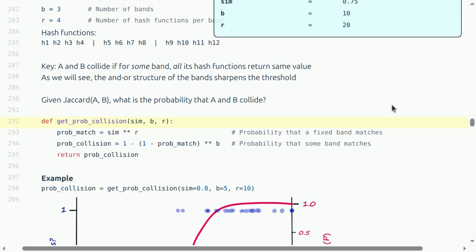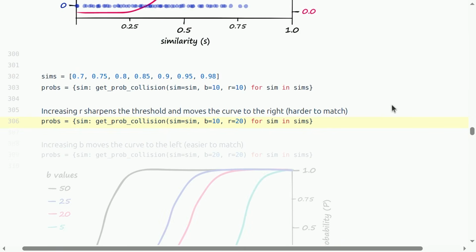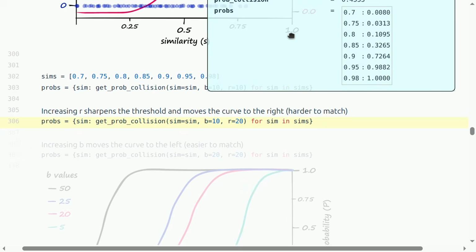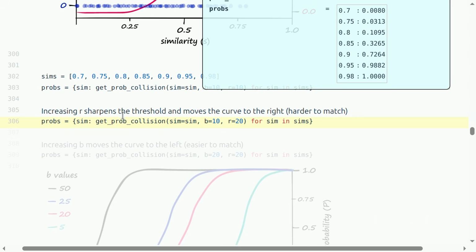So what happens when you increase R? Remember, R is the number of hash functions within a bucket. When you increase R, the threshold sharpens and moves the curve to the right. Everything becomes harder to match, right? Because you have more hash functions inside a bucket, it sharpens that exponent.